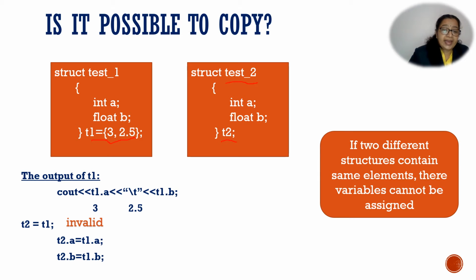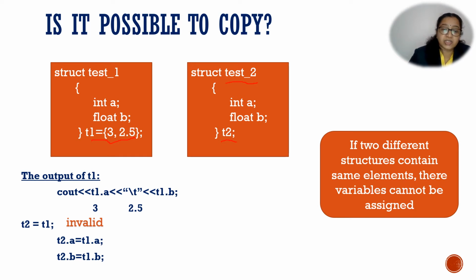T2.A is equal to T1.A because both A are integer data type. So the structure variable T2's element A is equal to the structure variable T1's element A, which means the value of T1.A will be copied to T2.A.